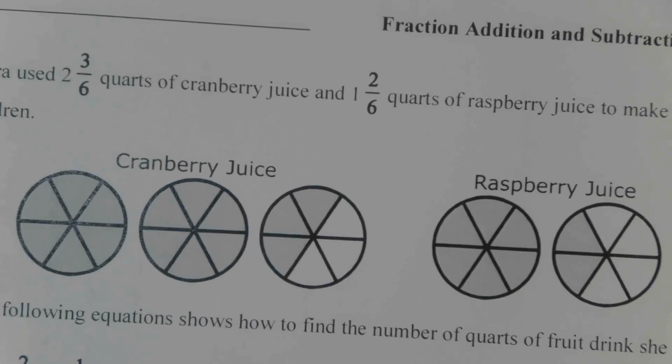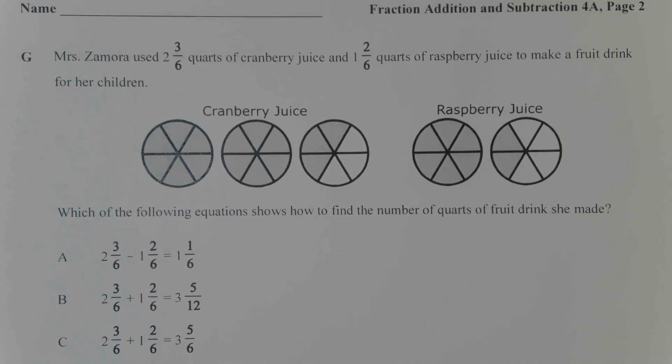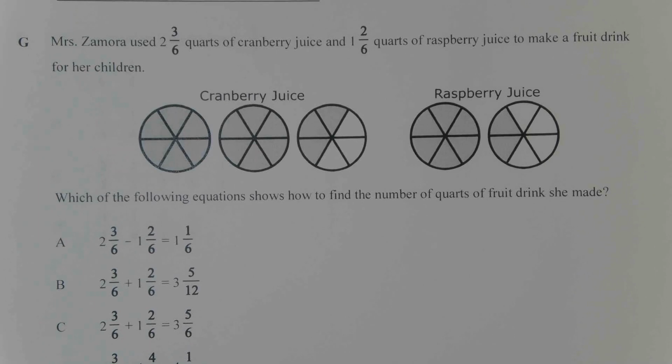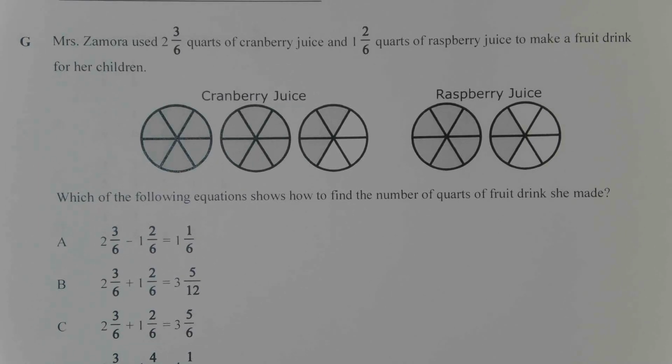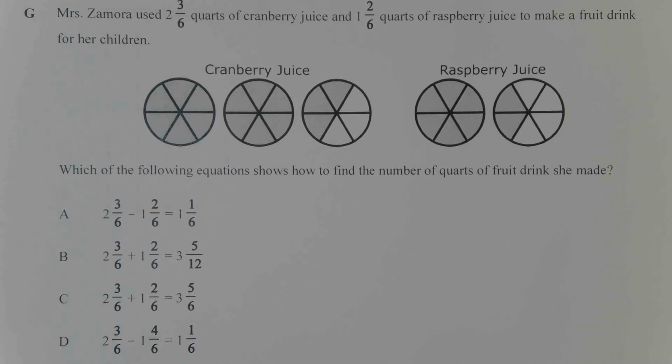Letter G. Mrs. Zamora used 2 3/6 quarts of cranberry juice and 1 2/6 quarts of raspberry juice to make a fruit drink for her children. Which of the following equations shows how to find the number of quarts of fruit drink she made?